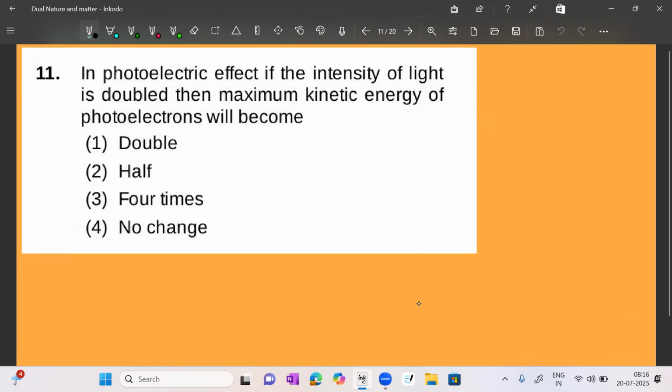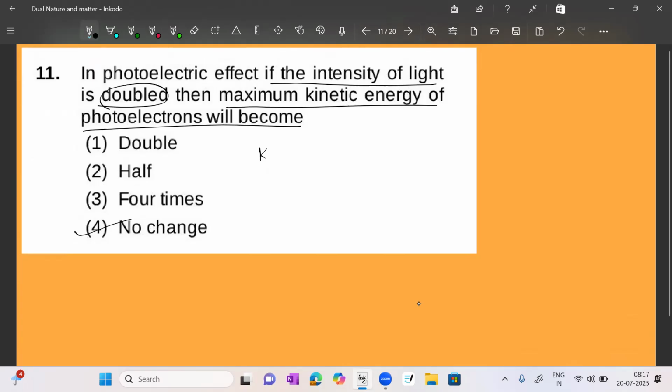Next, 11th. In a photoelectric effect, if the intensity of the light is doubled, then the maximum kinetic energy of the photoelectrons will become? So no change.